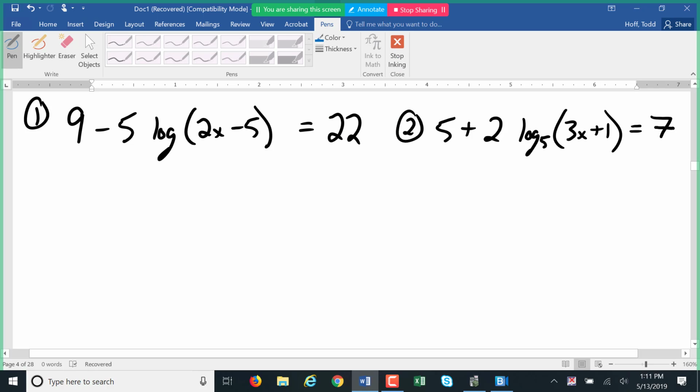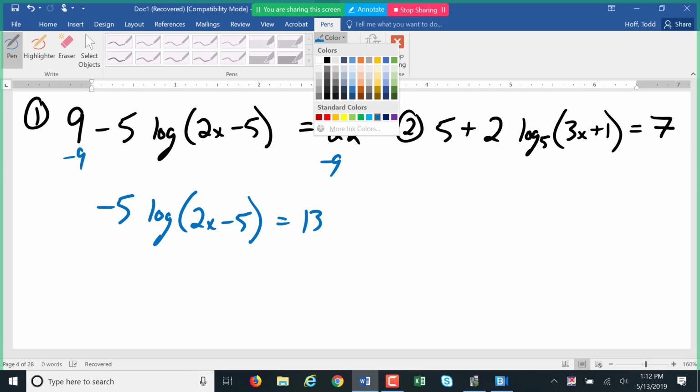So our first step here for the first one, we have to isolate the log. What are we going to do? Subtract 9. Even though there's subtraction here, the 9 is still added, so we're subtracting 9. So I've got negative 5 times the log of 2x minus 5 equals 13.